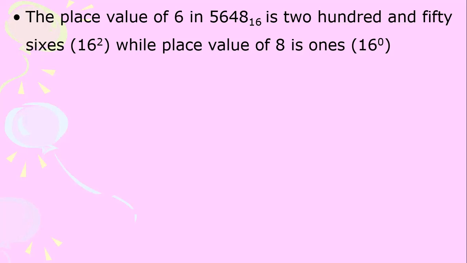The difference between the hexadecimal in this case and the octal that we have dealt with is that we are replacing 8 with 16. So the place value of 6 in 5648 hexadecimal is 256 because it is 16 raised to 2, while the place value of 8 is 1s because it is 16 raised to 0, which gives a 1.